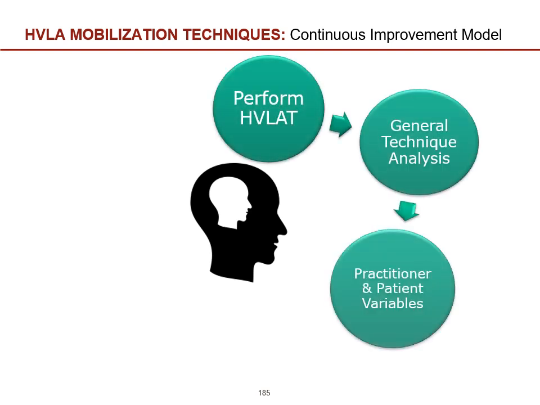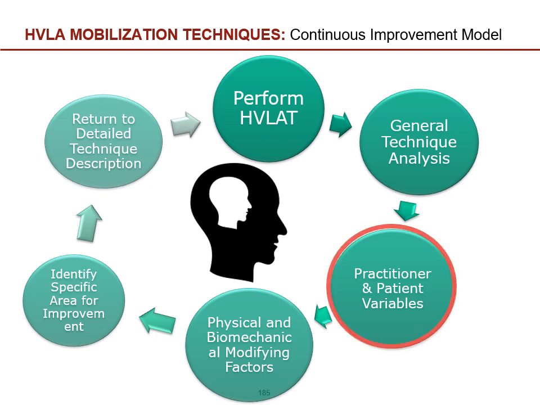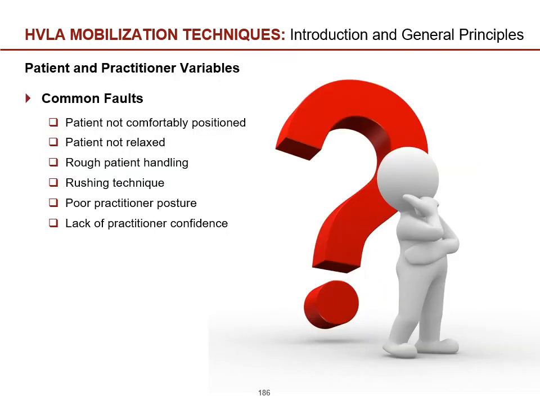Moving on, so if all those components are otherwise in check and you have assessed those, you also want to consider the practitioner and the patient variables. Okay, so the common faults for the patient and the practitioner variables include the following. The patient's not comfortably positioned.